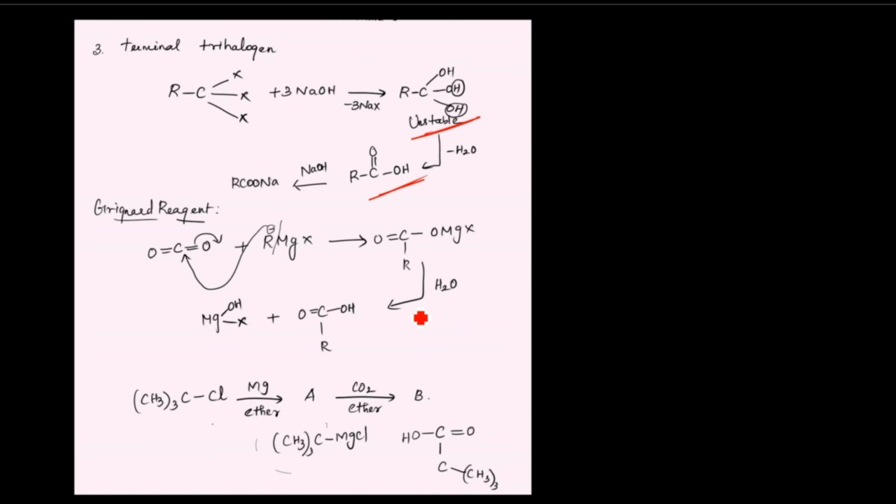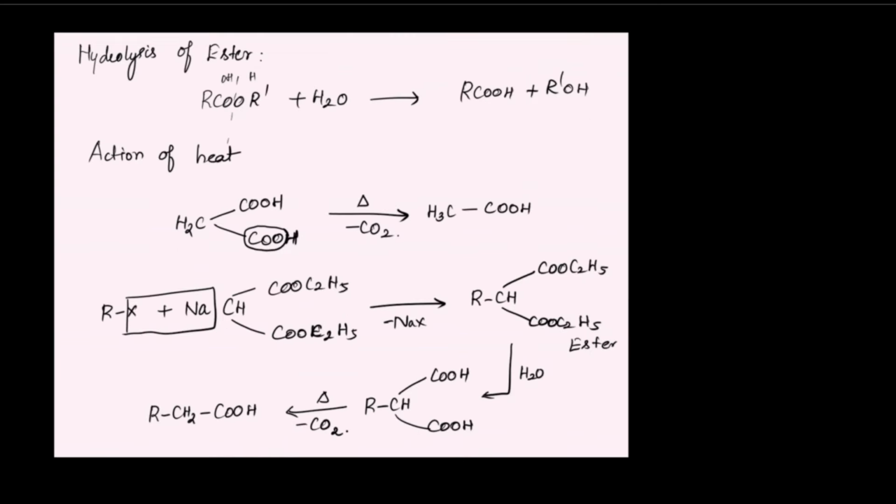And with CO2, a Grignard reagent can give you carboxylic acids. Ester hydrolysis, hydrolyzing esters, will give carboxylic acid and alcohol. This is very, very important, very basic also. Action of heat: CO2 will get evaporated, then dicarboxylic acid will give you monocarboxylic acid.